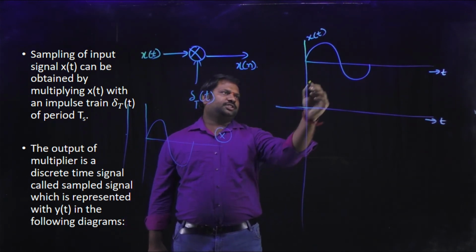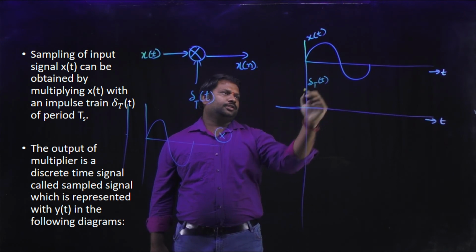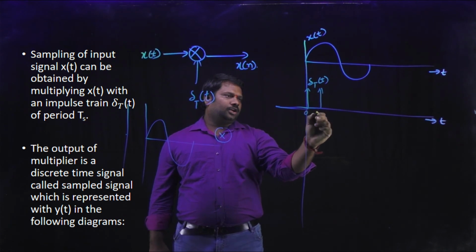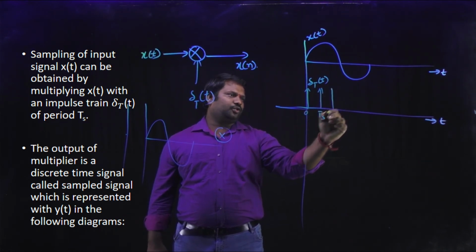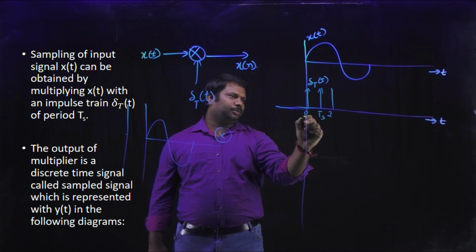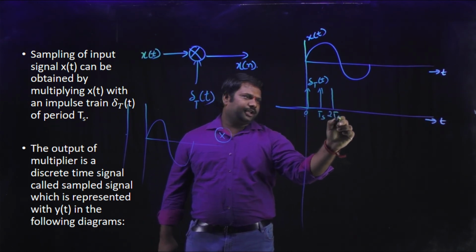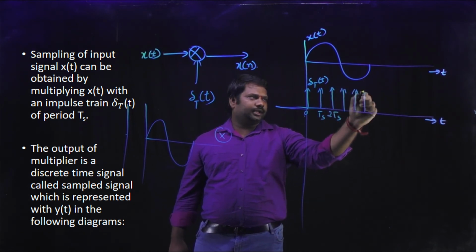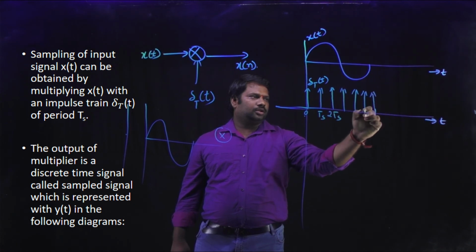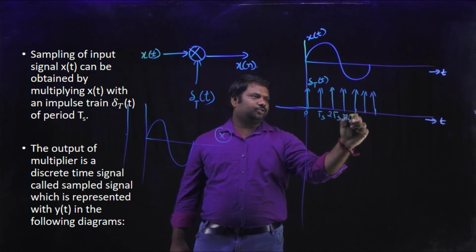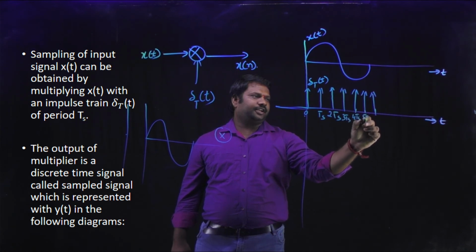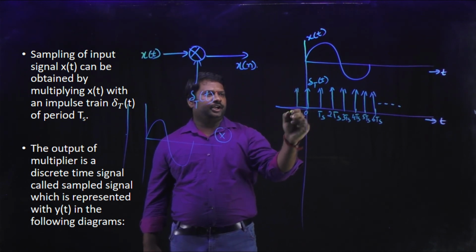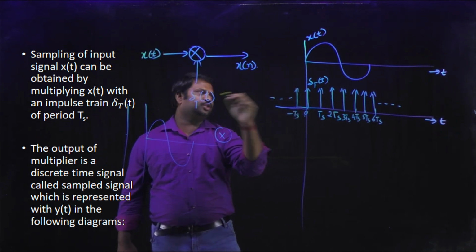Then the train of impulses function delta t of t has samples separated by a distance of ts. That means the first sample will be at 0, next ts, 2ts, 3ts, 4ts, 5ts, 6ts, and so on. Similarly, we will have it on the negative side also, that's minus ts and so on.